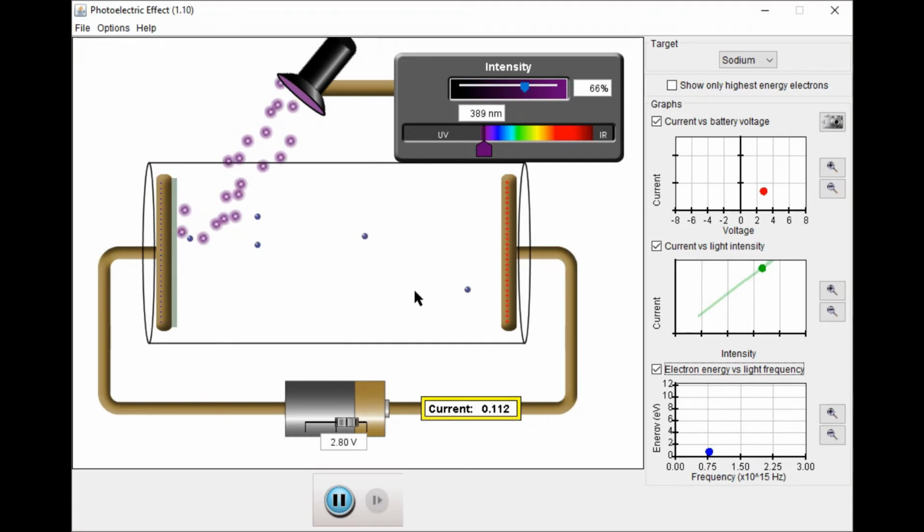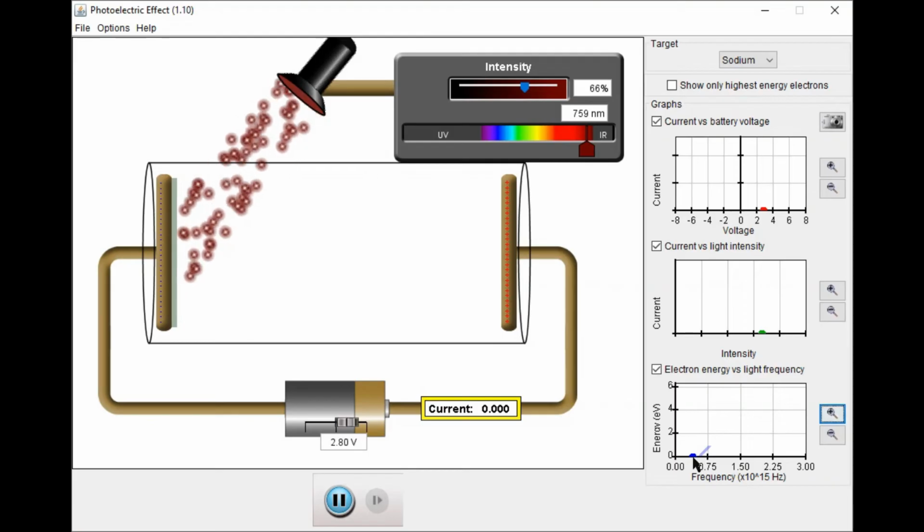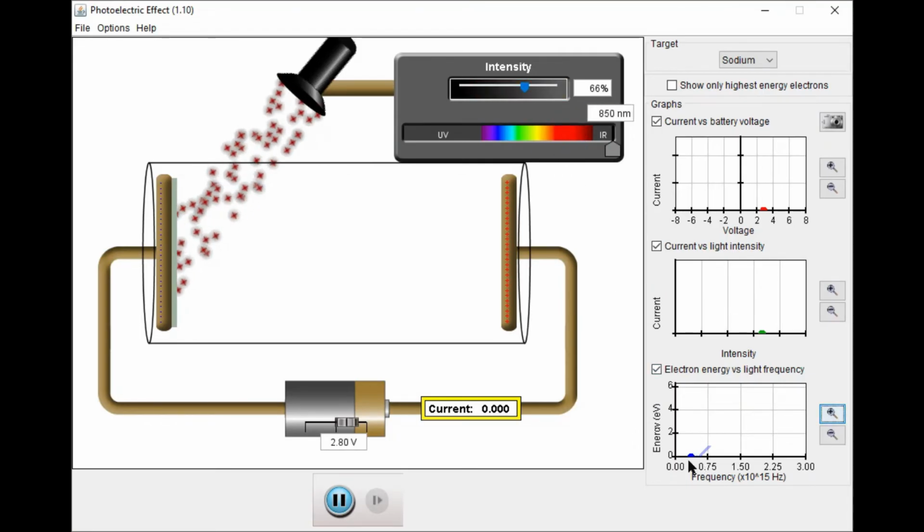Even for some reasonable polarity of the voltage like this, where the electrons want to get away from this plate and move towards this positive plate, if I make the wavelength very, very big, and therefore the frequency is very, very low, as you can see in the graph down here, with the frequency very low, it does not matter what the intensity is of this beam of light.